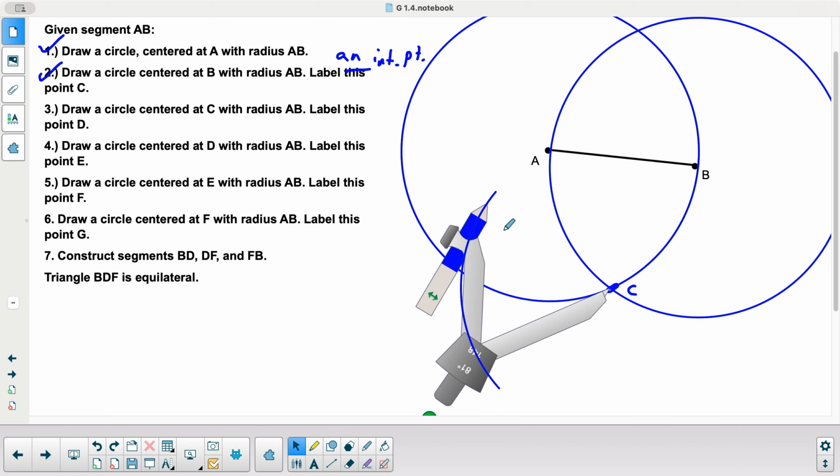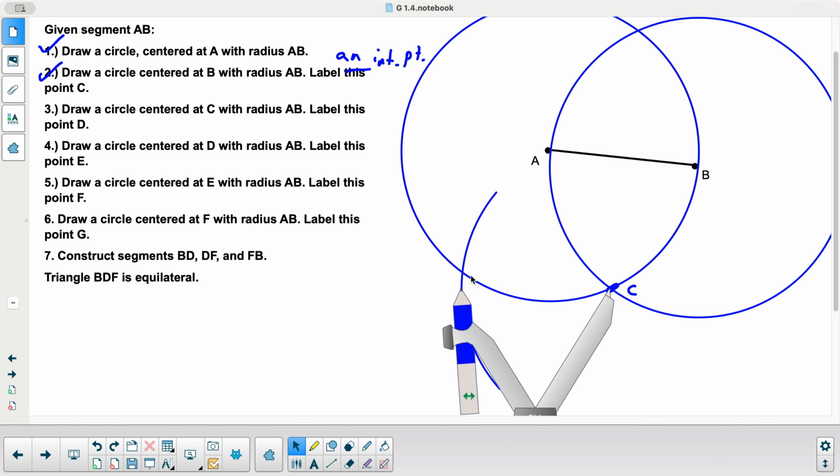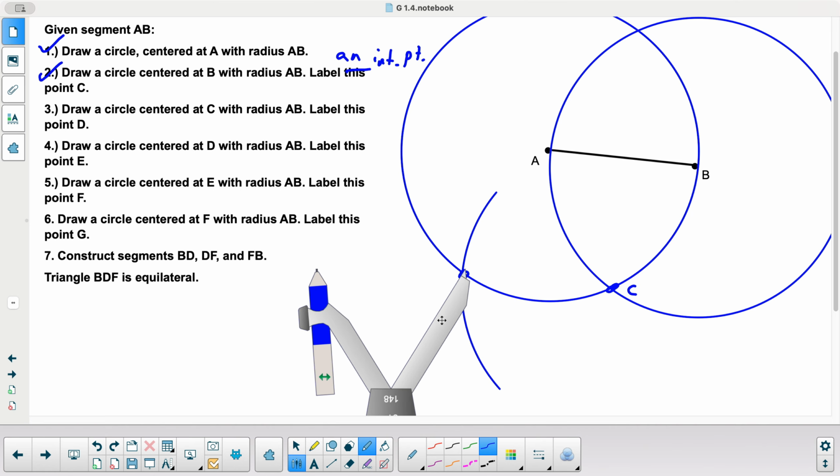Now here's the trick. I actually don't need the whole circle. I just need to know where it intersects that circle. So I'm going to make it a little bit easier on myself, and I'm just going to mark it. Label this point D. I should have said label an intersection point.